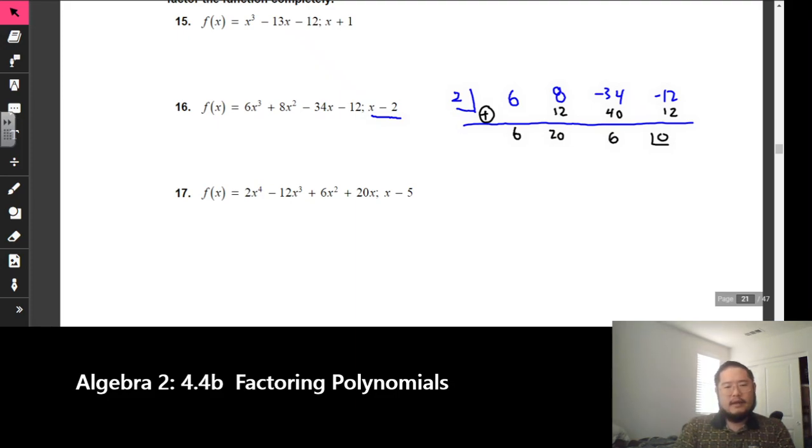So let's break this down. I've got x minus 2 right here, and then I've got my polynomial, and it will begin with 6x squared plus 20x plus 6.